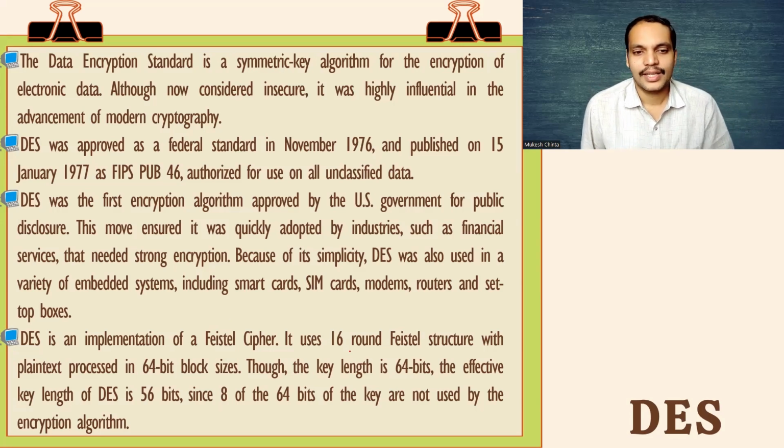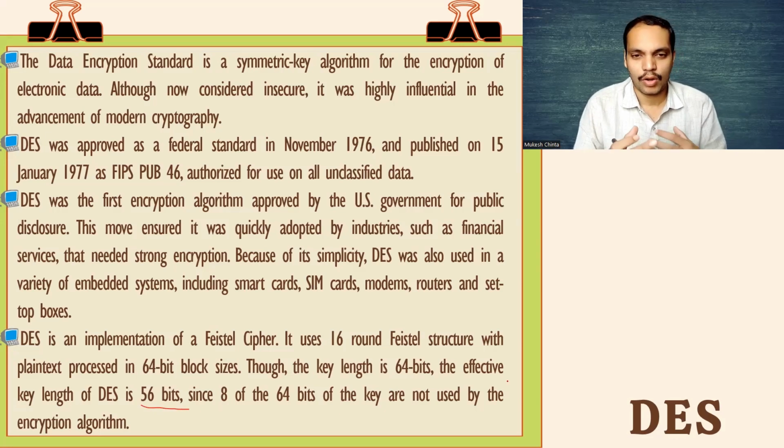So it uses a 16-round Feistel structure with the plain text processed in 64-bit blocks. Though the key length is 64 bits, the effective key length of DES is 56 bits only, since 8 bits of the 64 bits are not used by the encryption algorithm.